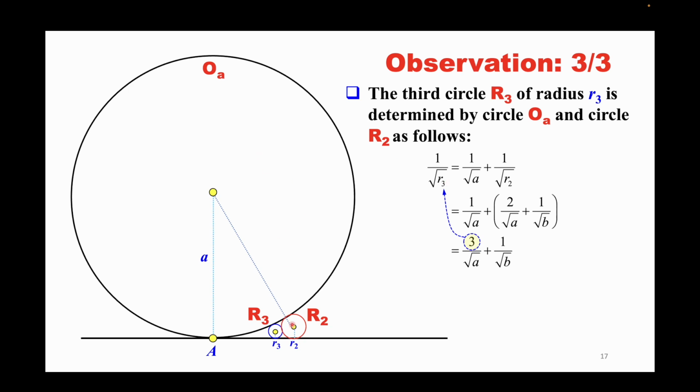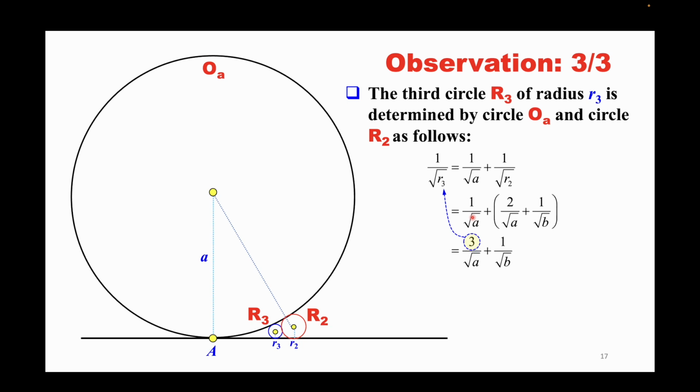From OA and O2, we have O3 of radius R3. So the radius R3 satisfies this formula. This is the radius of OA, and this is the radius of R2. But previously we know R2 satisfies this. Keep this in mind, this 2 and the subscript of R2.